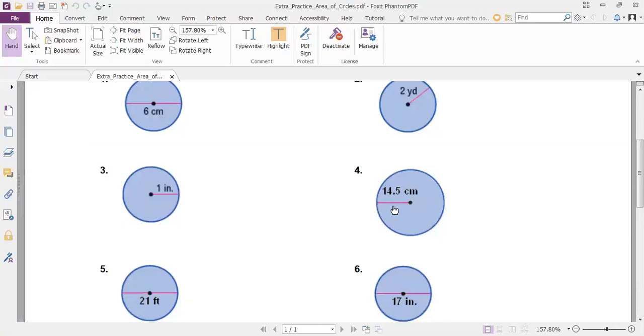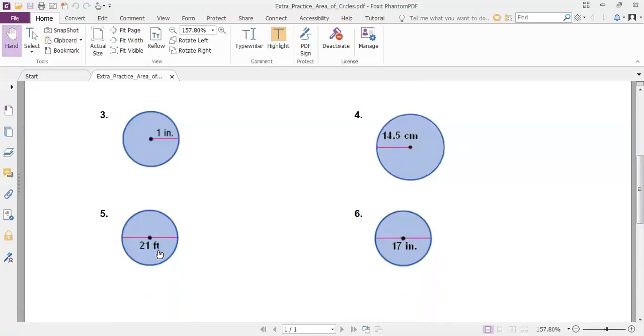And we said before, if I have the diameter, I must divide the diameter by 2. But he gives me the radius here. So it will be 3.14 times 14.5 times 14.5. Is it clear, Faisal? We will go now to example number 5.